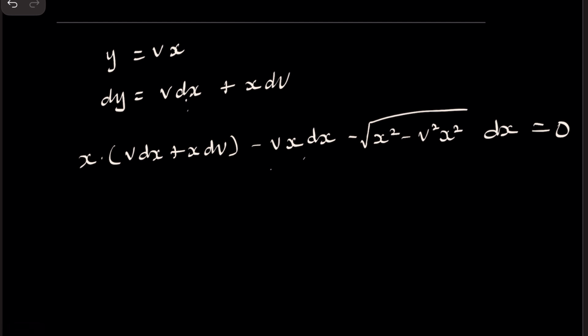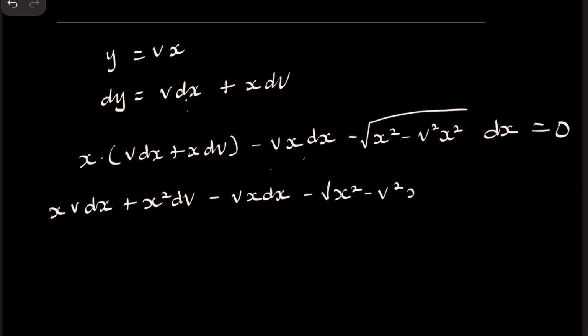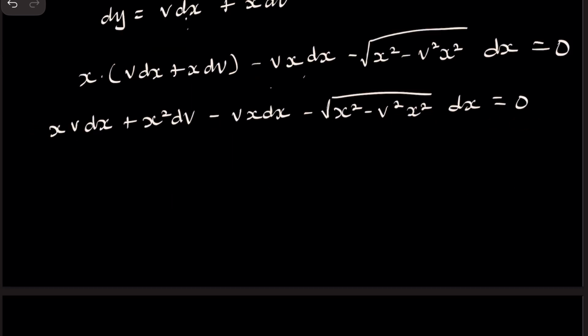So we now simplify this. Thus we're going to have xv dx plus x squared dv minus vx dx, then minus the square root of x squared minus v squared x squared dx is equal to 0. Now for the first term we have xv dx, then here is minus vx dx, and so these are going to cancel out.